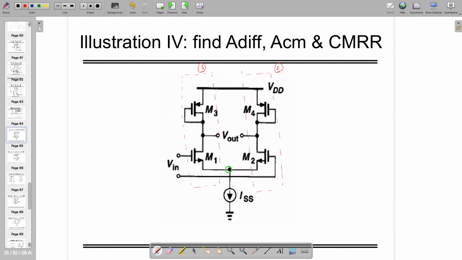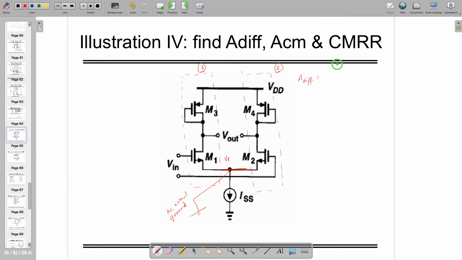In that case, this particular wire is connected between two networks. You can call this one an AC virtual ground. If both the circuits are identical, you can find out the gain from any one of the circuits, and you can directly declare that this is the differential gain where the input is actually getting doubled. So in that case, what is the gain?